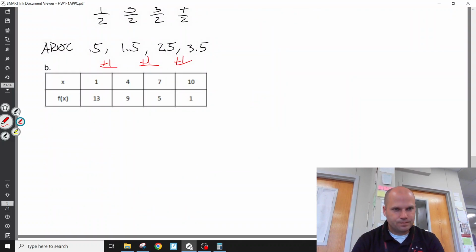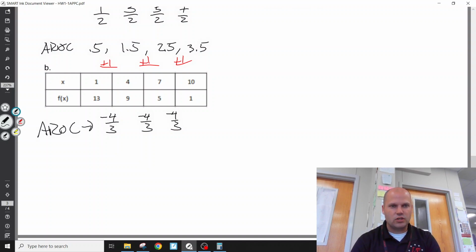Let's look at this guy. All right, let's make sure I get this right. I go down 4 over 3. Down 4 over 3. Down 4 over 3. These are the rates of change. I'm not going to change them into different values. These are the rates of change of this function over our different intervals.